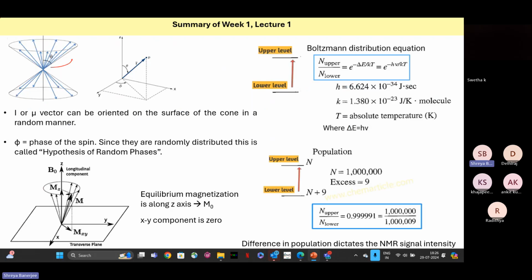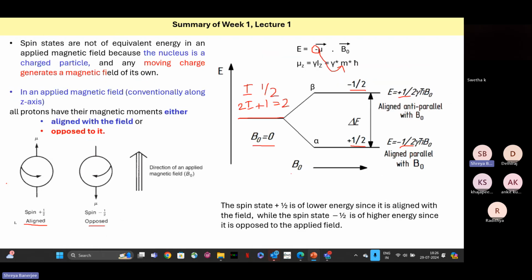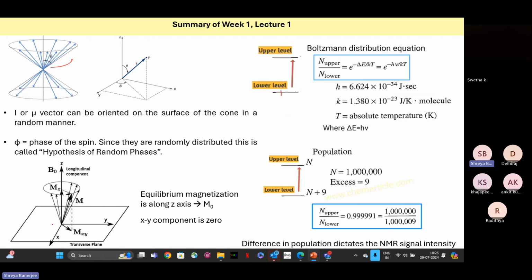So now you have a lower level and an upper level. There are nuclei populating the lower level. As we saw, lower level means it is aligned. So we will show the nuclei in the lower level with an upward spin and the upper level with a downward spin.